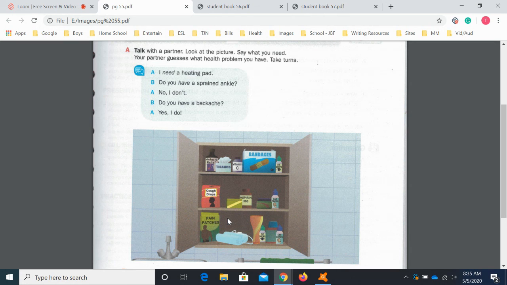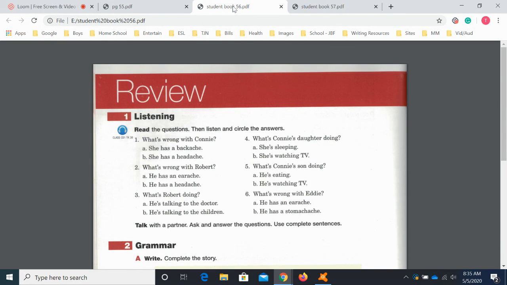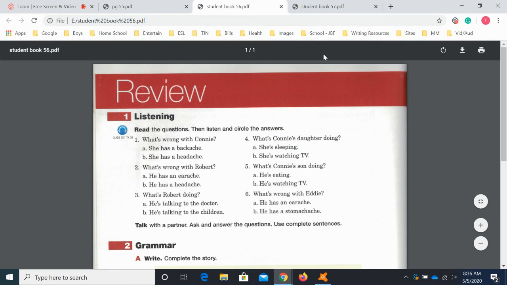So we are going to move on to page 56 of the workbook. And on page 56, we are going to do a review. So this is basically a review of units 3 and 4.